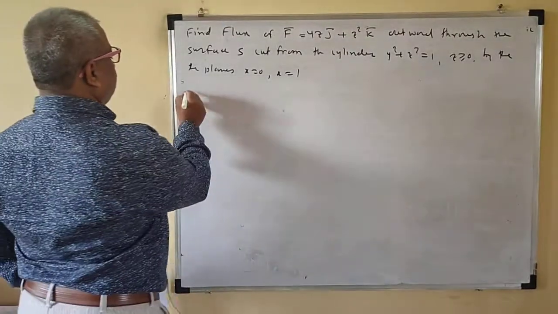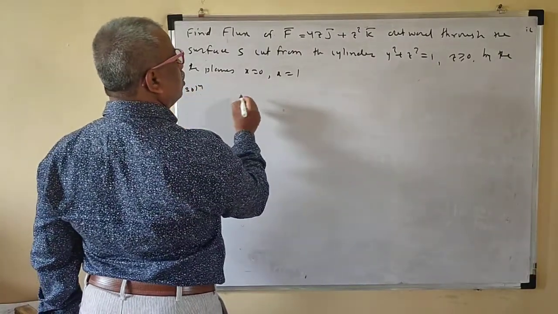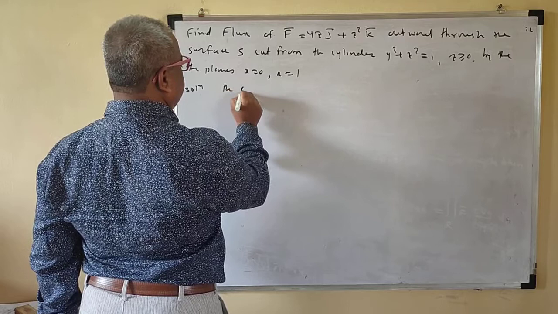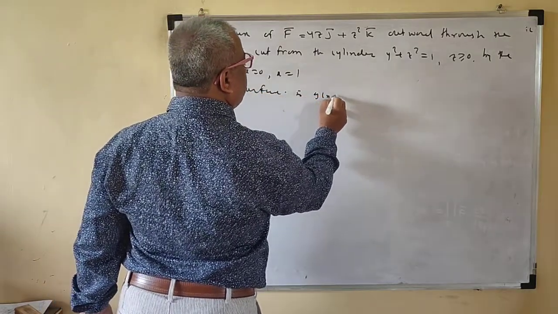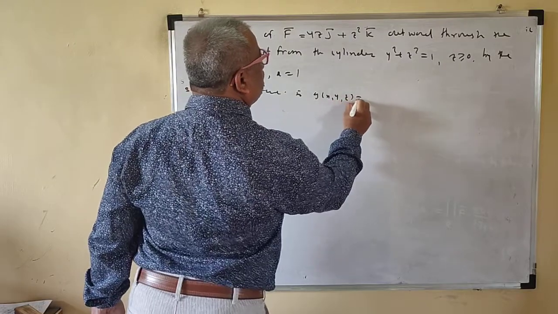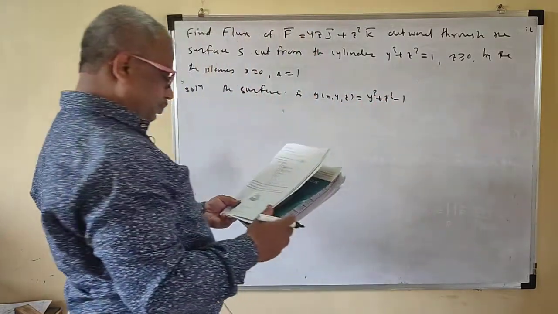Solution: the surface is g of x, y, z equal to y square plus z square minus 1.